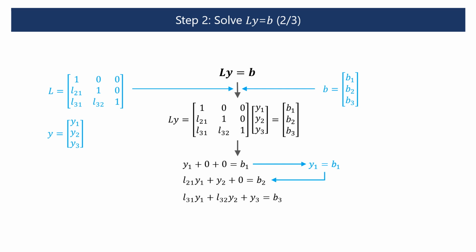Then, use the computed value of y1 to solve for the second variable y2. Continue in this manner, solving for each successive variable in turn. Since the matrix L is lower triangular, each row's equation only involves the variables that have already been calculated, making the process straightforward and sequential.